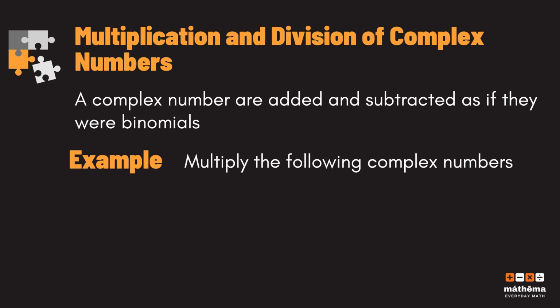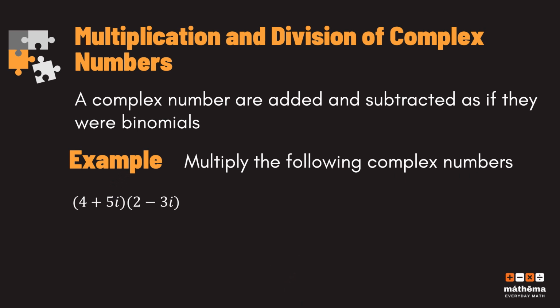So for example, we have here the quantity of 4 plus 5i times the quantity of 2 minus 3i. Again, we're going to make use of the FOIL method, or we're going to distribute, to get the product of these complex numbers.